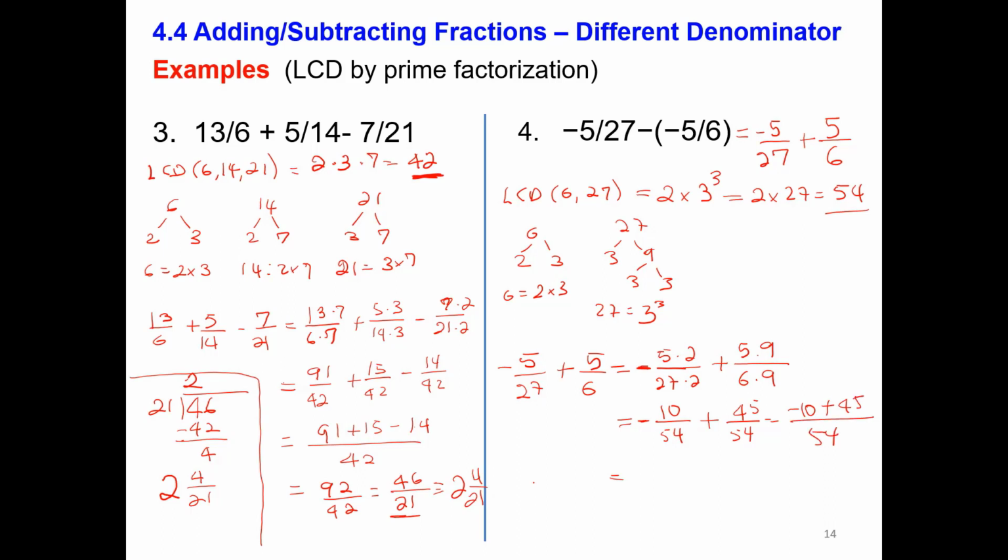Minus 10 plus 45 is 35 over 54. And this is the answer. We can now reduce this fraction. And this is a proper fraction, so we cannot write this one as a mixed number.